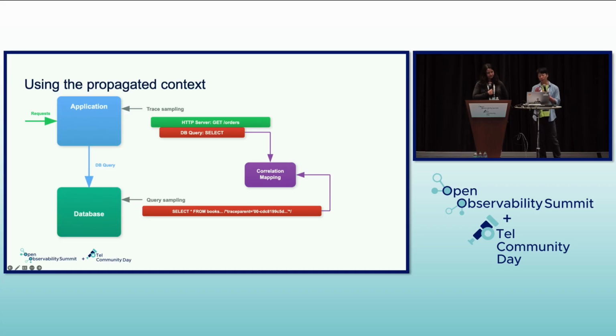So when our database monitoring detects in the sampled query that there is the trace parent comment, it can parse that out, and then we start building a correlation mapping between the trace and the query sample. This is keyed on the query text and other metadata, such that we can say an APM query fingerprint was executed by a particular service on a particular database instance. Well, that was simple. Let's ship it.